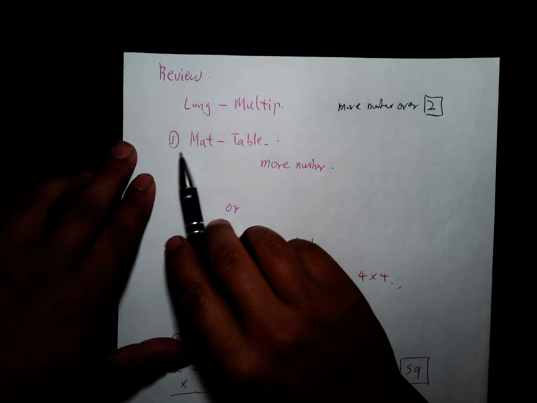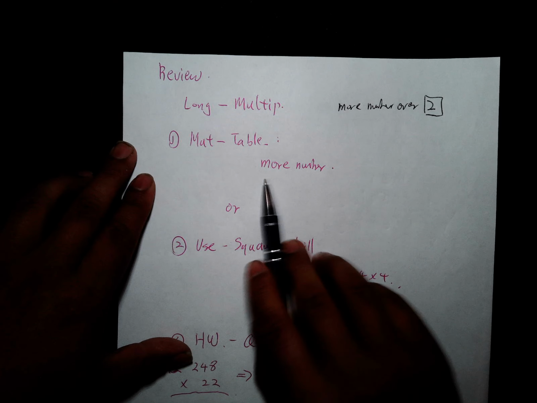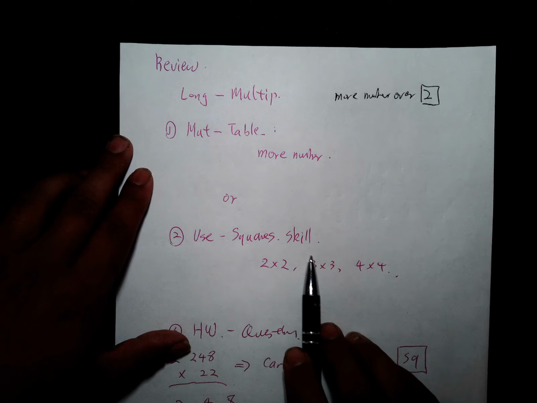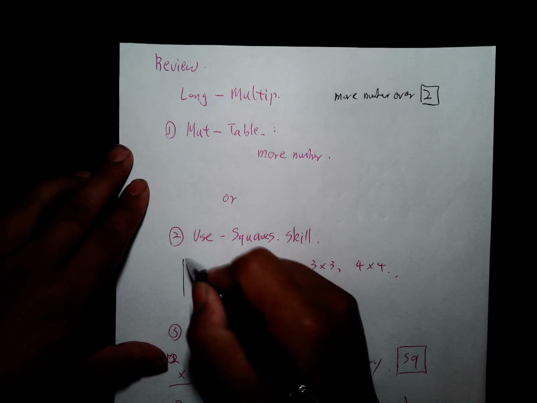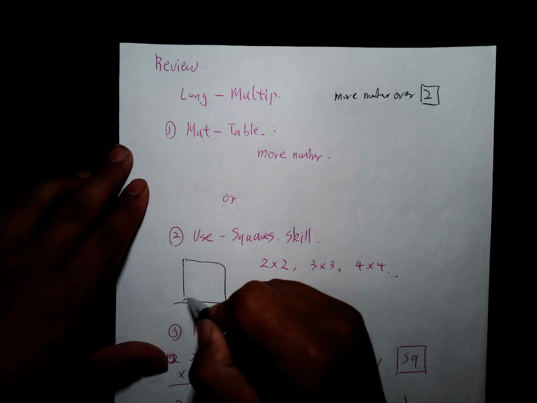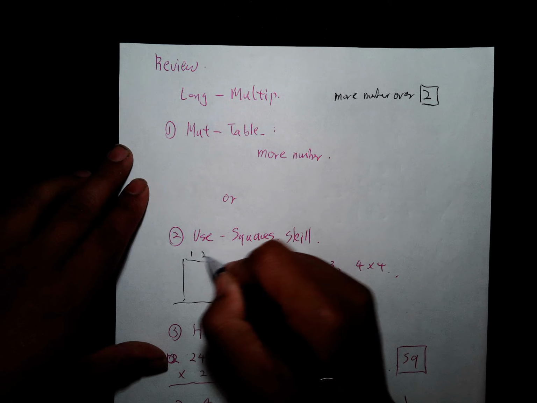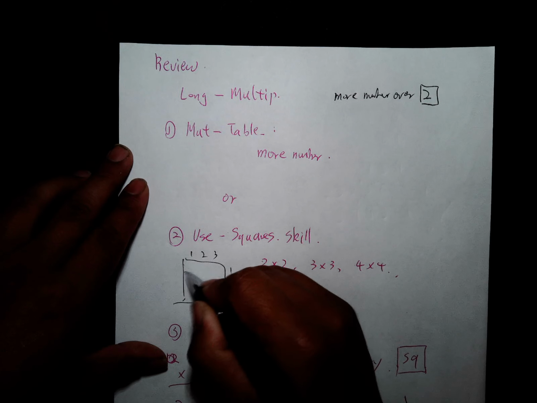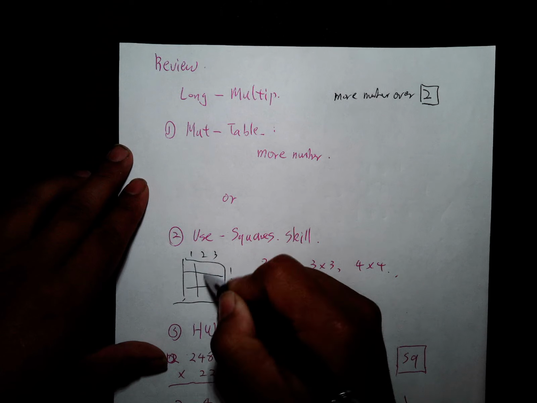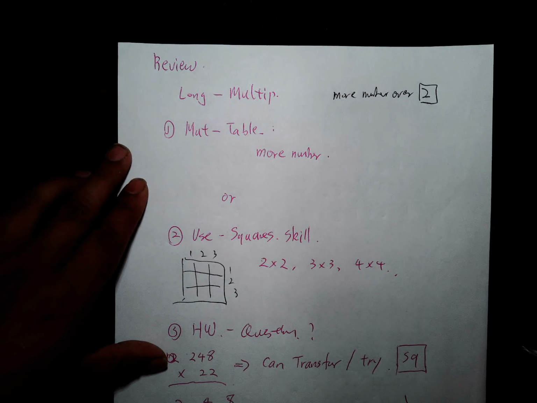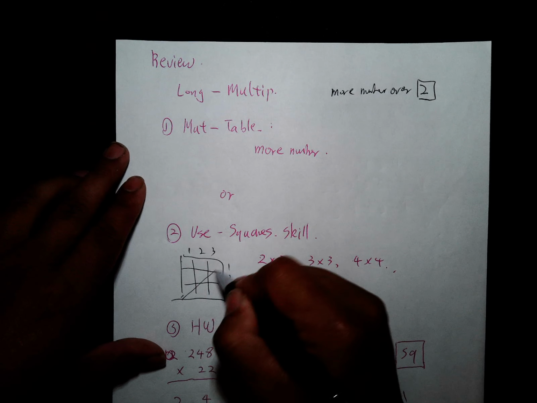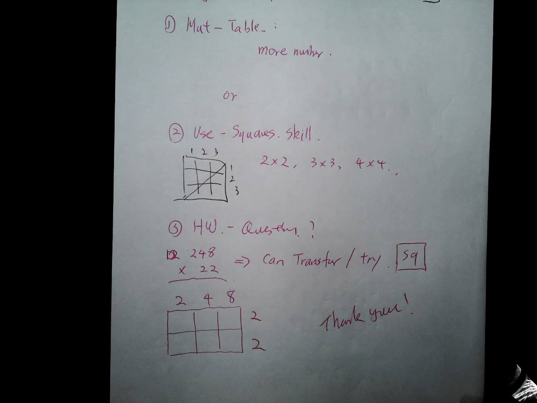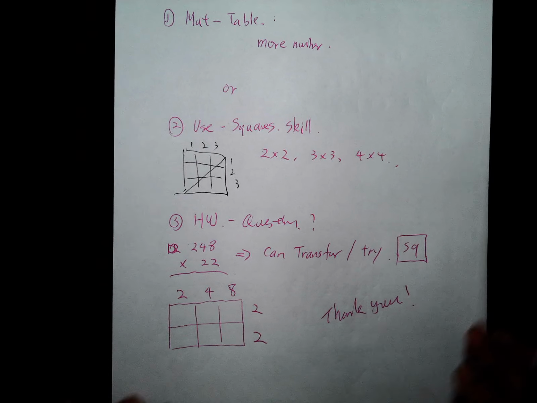So we can use the multiplication table for more numbers, or you can use the square scale, like the square, right? 1, 2, 3, 1, 2, 3. Just make this one. It's very quick.